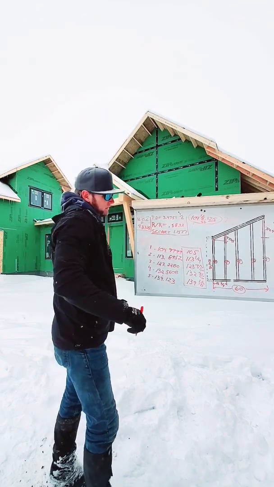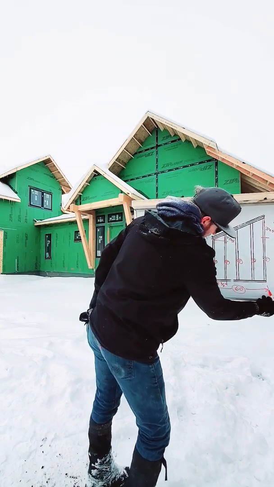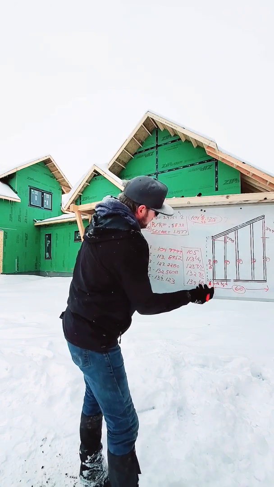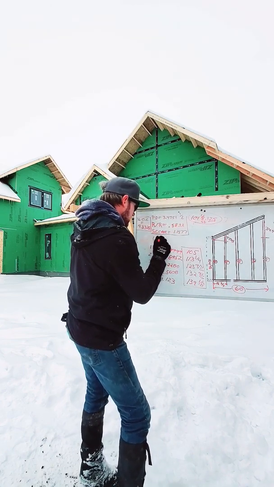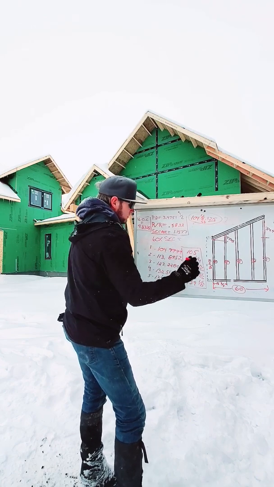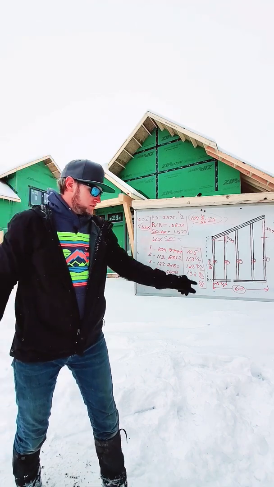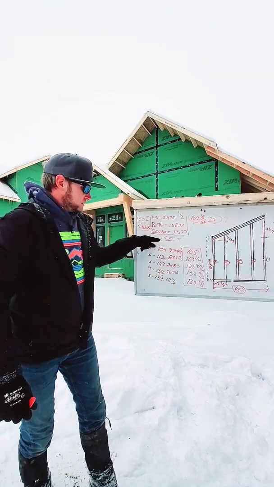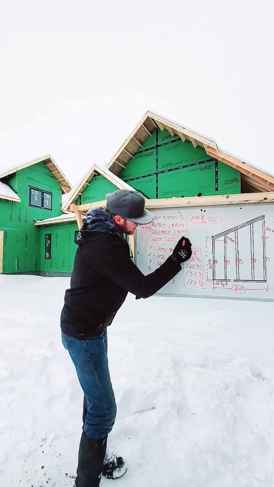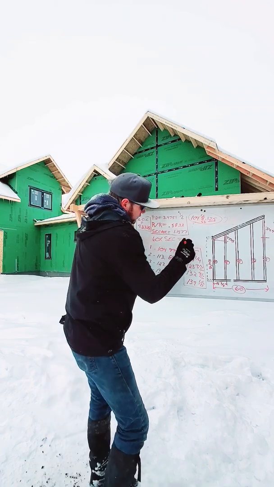To find the top plate length, I take my bottom plate, which is 60, that's my effective run, times secant, which is 1.1577. So effective run times secant, and that's going to give me 69.462.